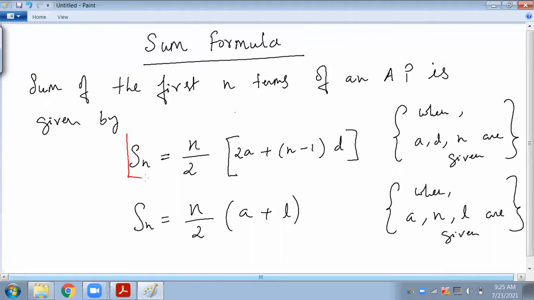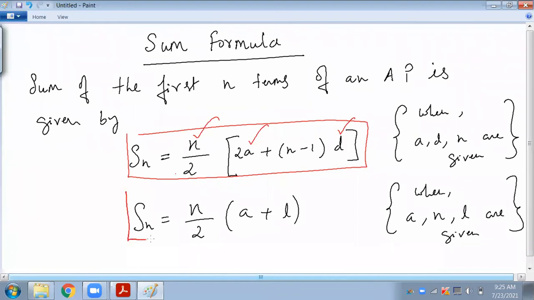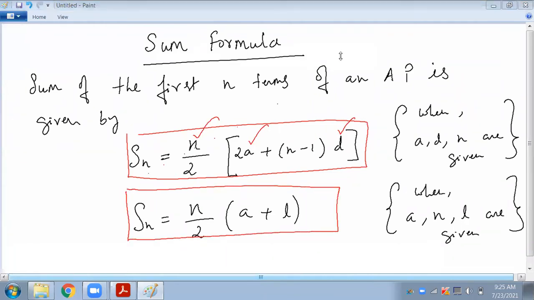The first formula we use when n, a, and d are given to us, and the second formula we use to find the sum of the n terms of an AP when n, a, and l are given to us.